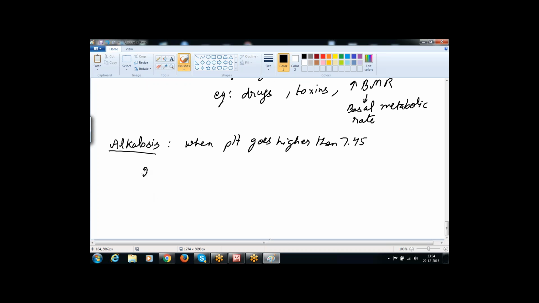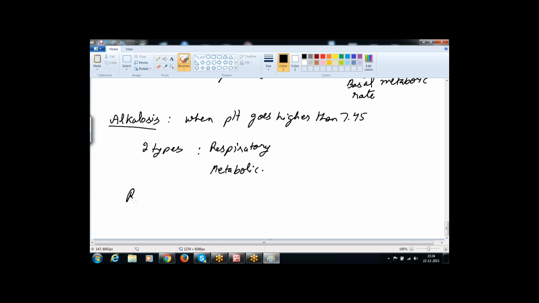Similarly, it can be of two types: respiratory and metabolic. Respiratory, again, is when the problem lies in the respiratory system. For example, hyperventilation.